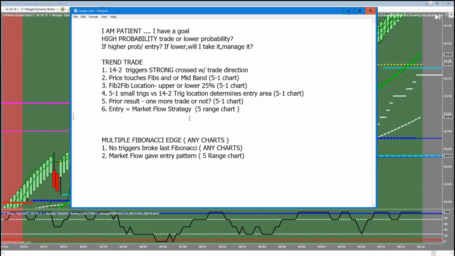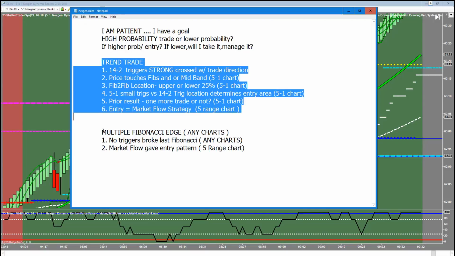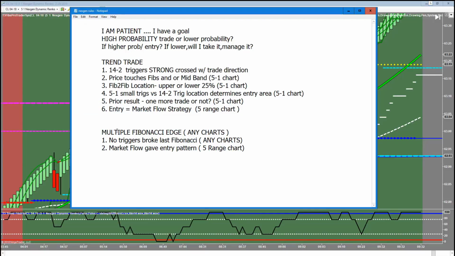But when you get both the trend trade rules met and you also get to the edge of multiple time frame Fibonacci support or resistance, and more importantly, when you're at the edge of a multiple time frame support or resistance that none of your trigger lines break through Fibonacci, and your market flow gives you an entry pattern, you're going to be able to take that trade as well.